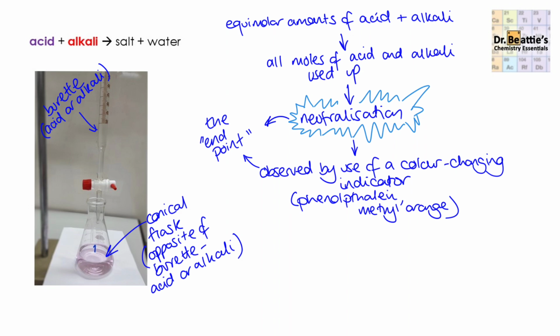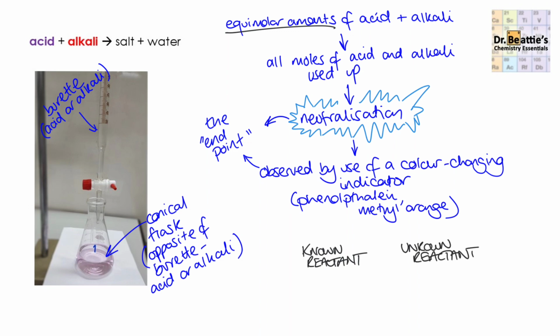The really key thing about being able to use this usefully is this idea of equimolar amounts. If we make one of the reactants, either the acid or the alkali, the known reactant, we can work out information surrounding the unknown reactant.